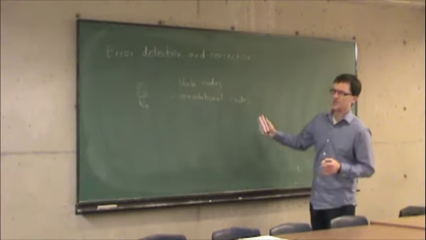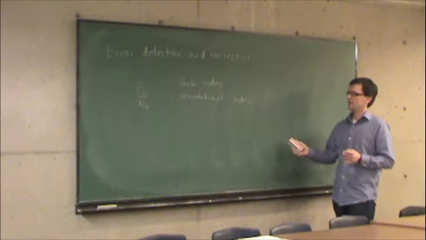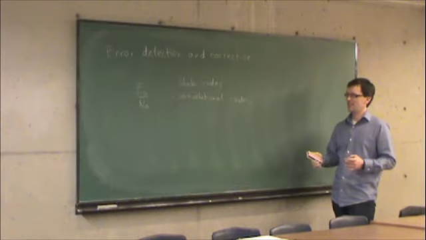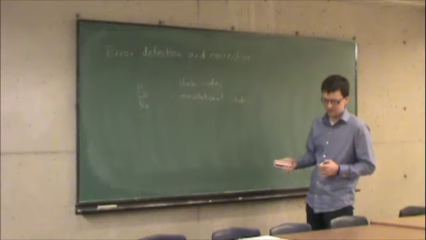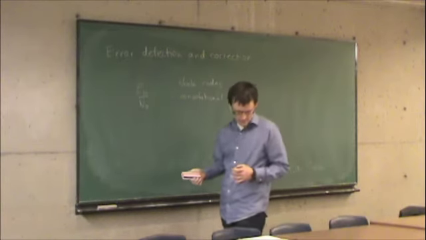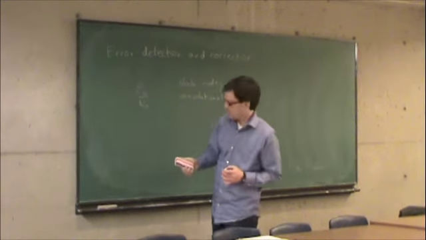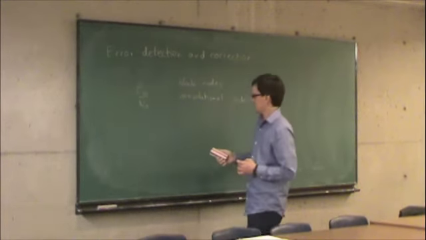What we're going to see are very simple codes that don't really do that, but they contain the ideas for the very sophisticated error control codes that are used in modern systems. But first, I want to say a couple things. I talk about redundancy, but what does that mean?